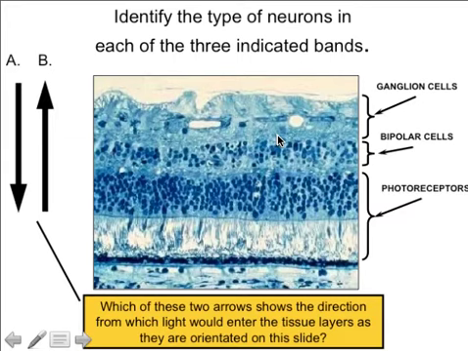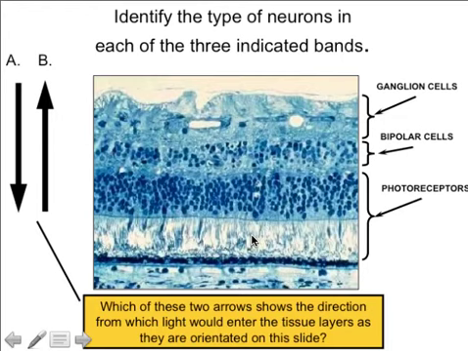So the light is approaching from the direction indicated by arrow A. So what happens is the light passes through. Once it gets to the photoreceptors, which are here, they will change their membrane properties based on a chemical that's embedded in a photopigment called rhodopsin. And the active ingredient in there is called retinol. And what will happen is that the retinol, when the light hits it, will change its shape.